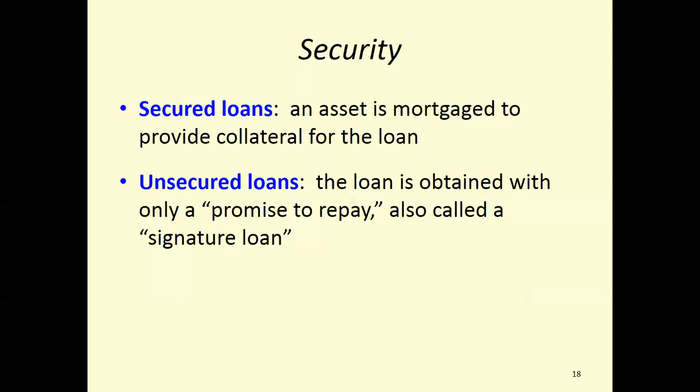For example, if you borrowed the money for a combine and you use that combine for collateral on the loan, if you don't make your payments and the bank calls that loan, they will take possession of the combine to get their money back. They take possession of the combine, sell the combine, and return their money. Most loans are going to fall in the category of a secured loan.